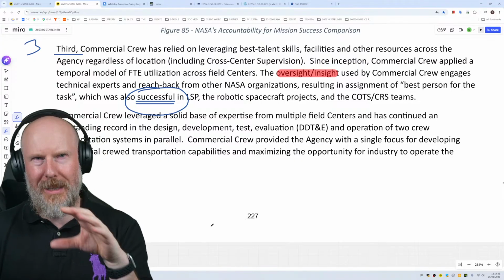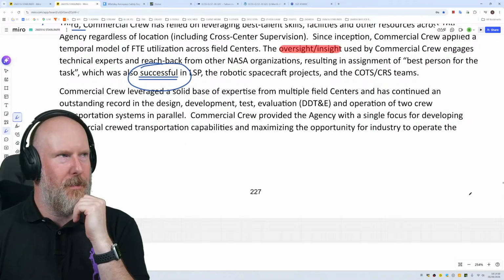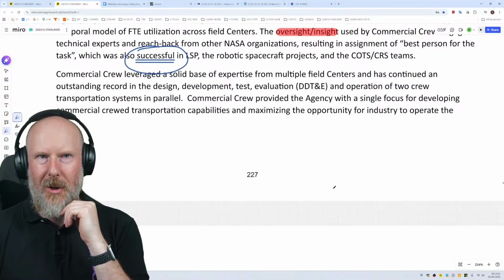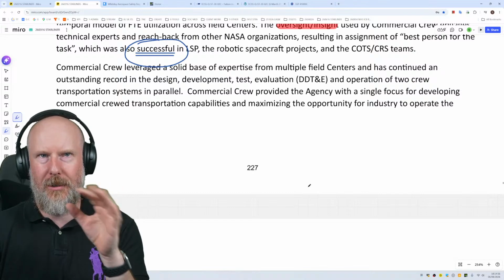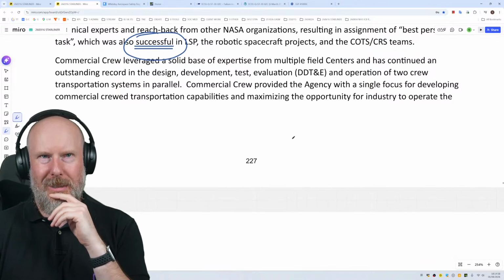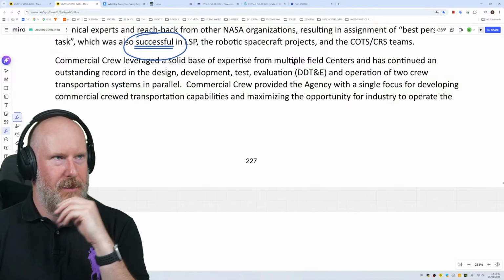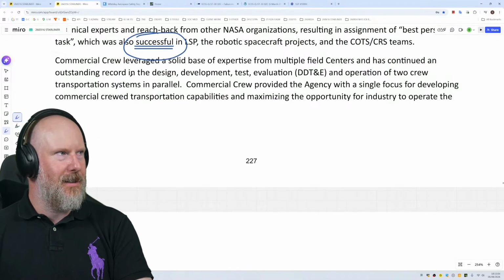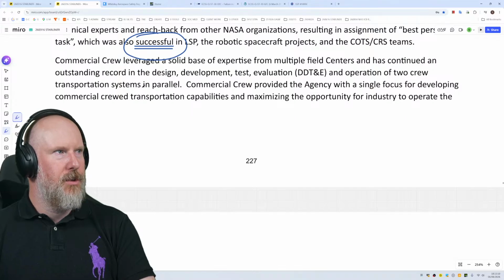Maybe I'm being a bit picky there, but we have to compare apples with apples. From an engineering perspective, we shouldn't distract ourselves. Commercial crew leveraged the solid base of expertise from multiple field centers and has a continued an outstanding record in design, development, test, evaluation, and operation of 2 crew transportation systems in parallel.